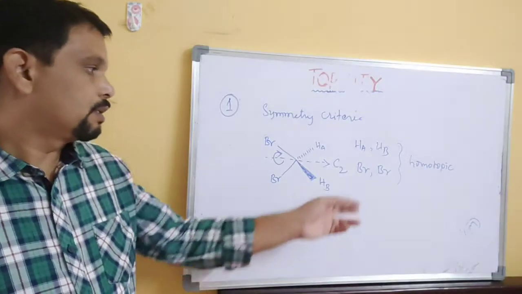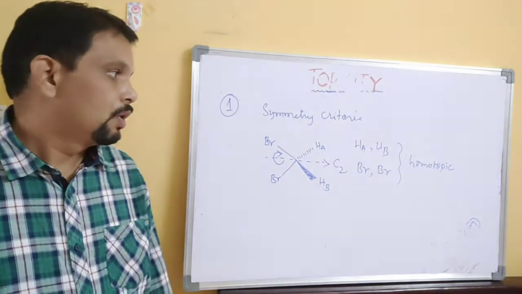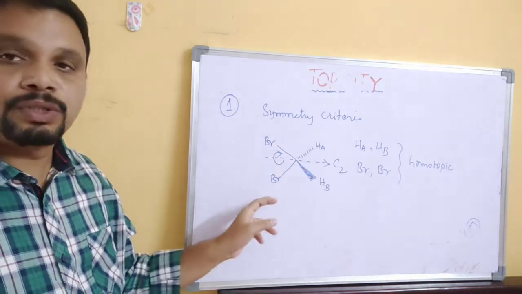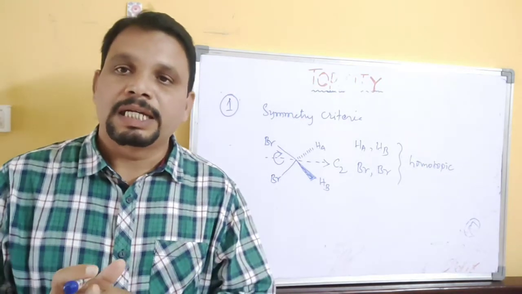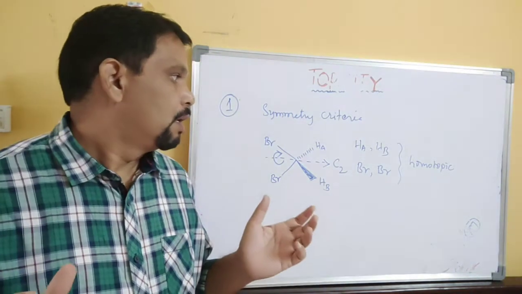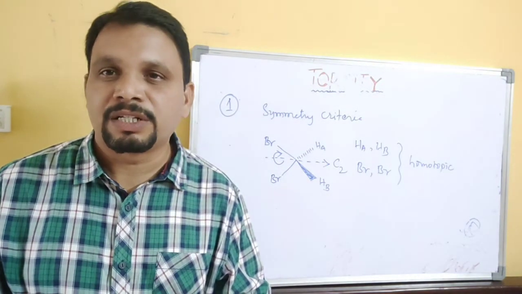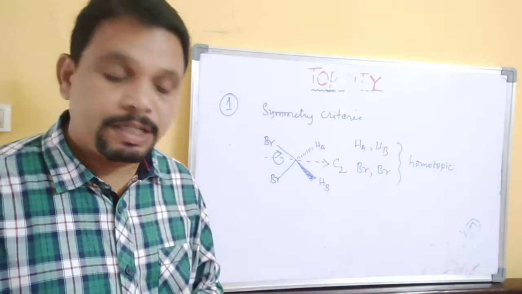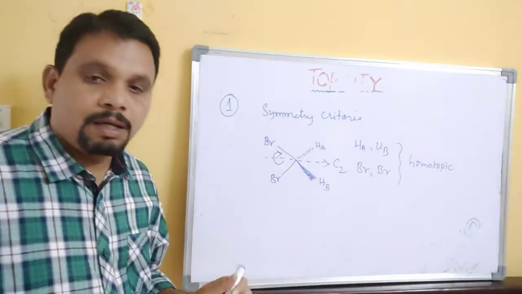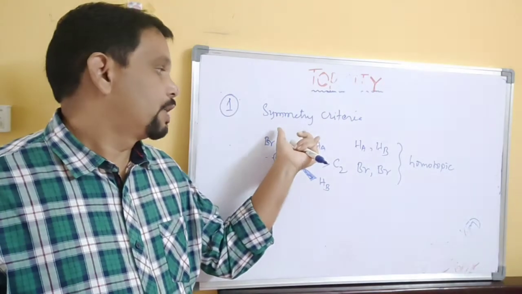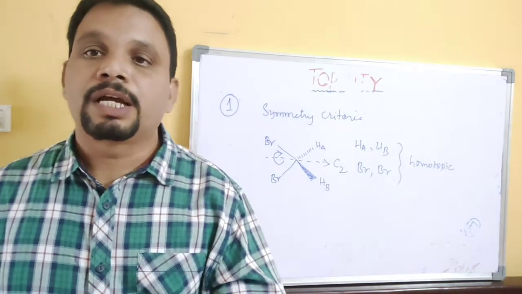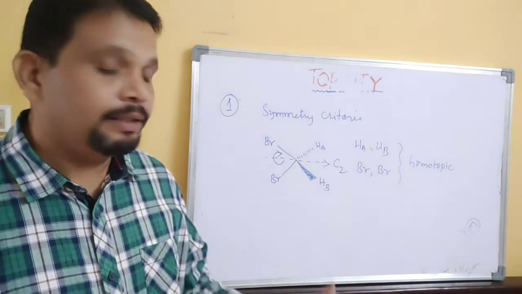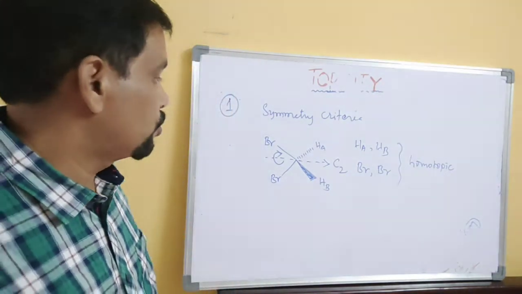HA and HB and two bromine atoms are homotopic because these atoms or groups are interchangeable and interconvertible through the CN axis of symmetry. Therefore, they can be considered homotopic ligands. So this is the way, by using symmetry criteria, you can identify whether they are homotopic or not.